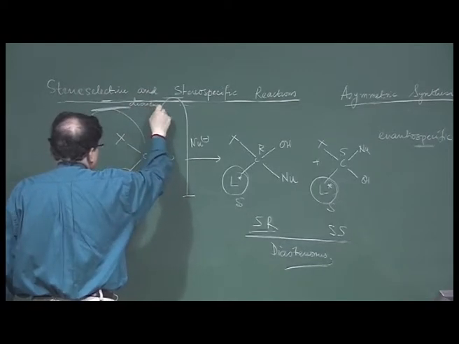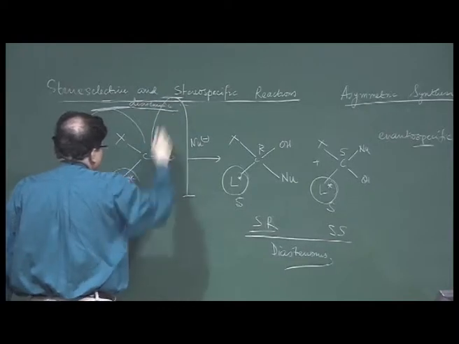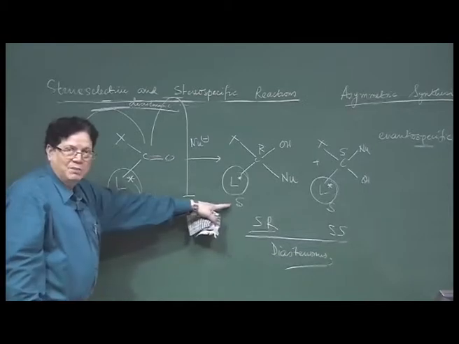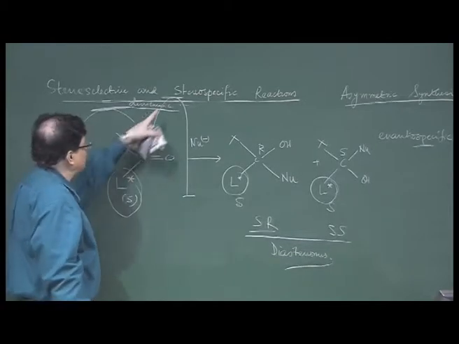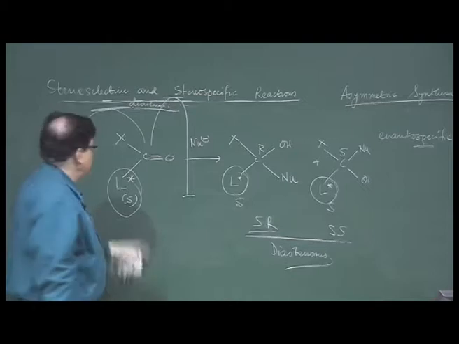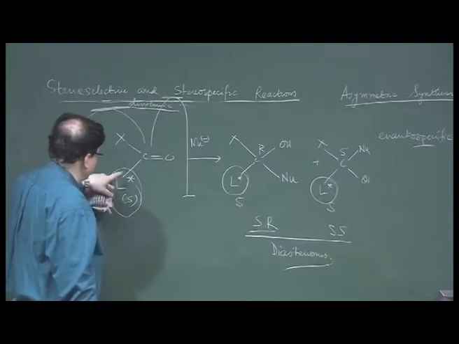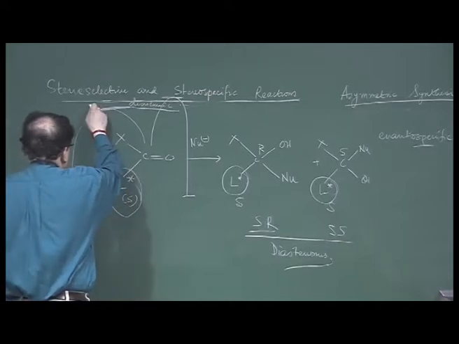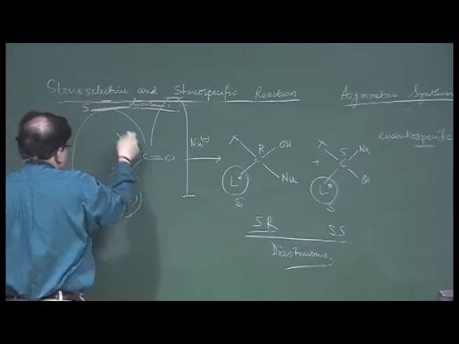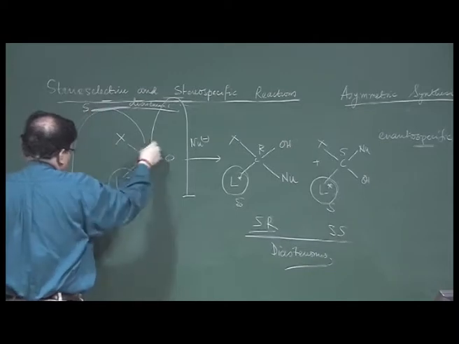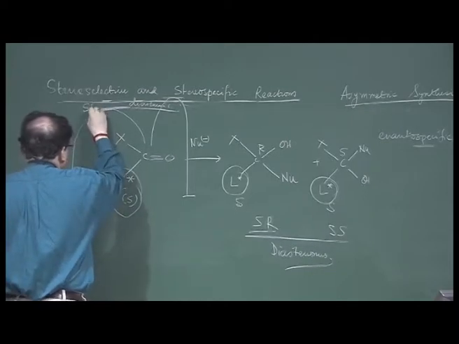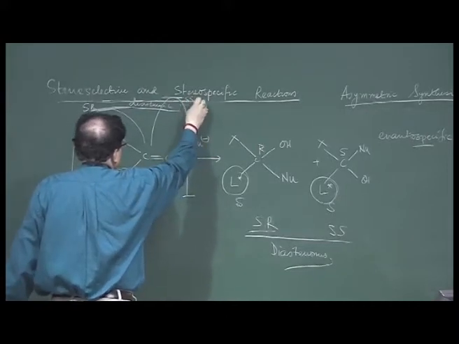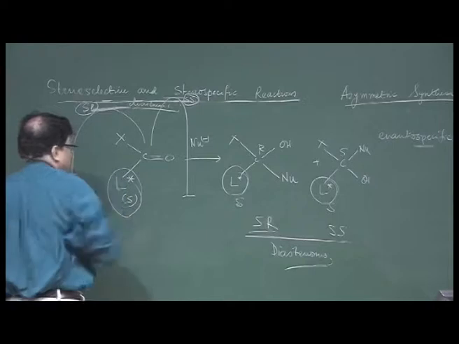That is why I gave different heights. Why are these diastereomeric? Because you already have a predefined configuration for which you do not have any mirror image in these transition states. This transition state always has L as S, and if the configuration being generated is R, then this will be SR, and this will be SS, but the relationship is diastereomeric.